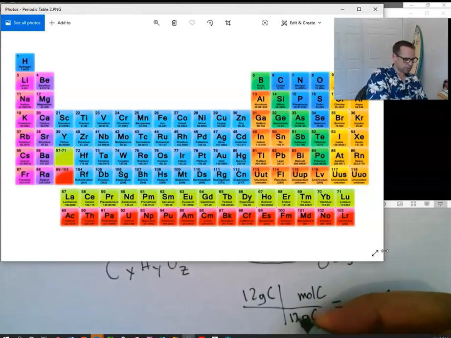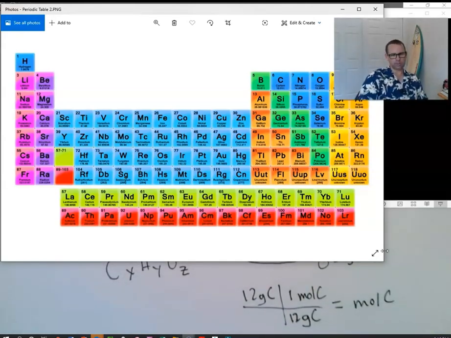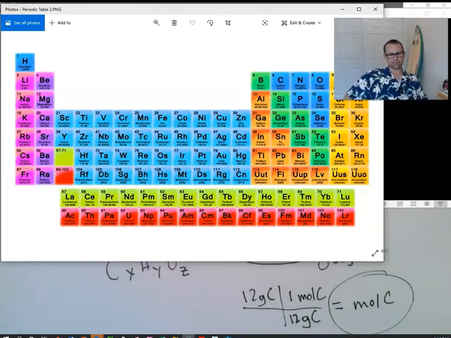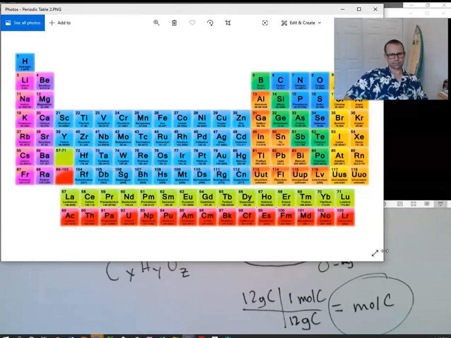Bottom, that's right. 12 grams of carbon for every mole. So I have to take 12 divided by 12, and that will give me moles of carbon. How many moles am I going to get? 1 mole of carbon. Very good. Excellent job.